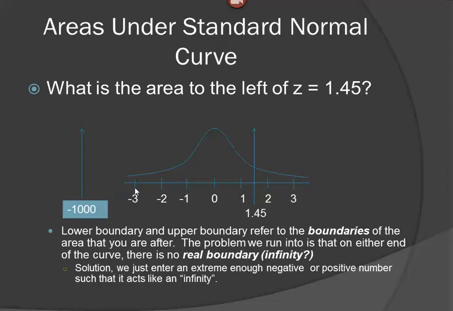If you remember the empirical rule, once we get to negative 3 and positive 3, we've captured about 99.7% of our data. That only leaves 0.3% of our data. So anywhere beyond negative 3 is going to be a tiny, tiny area, and going to negative 1,000 is just as good as going to negative infinity.